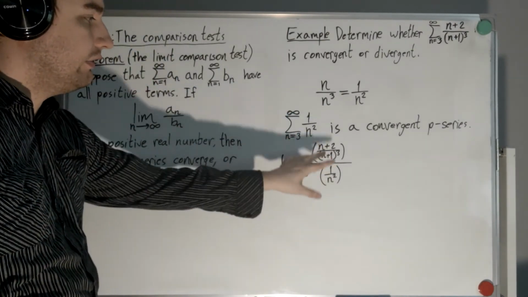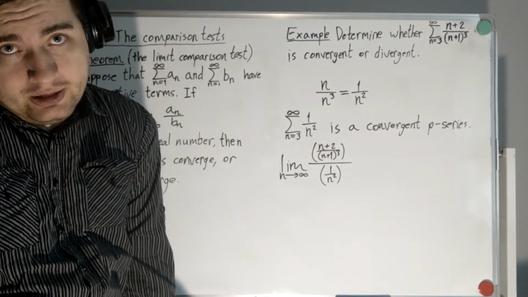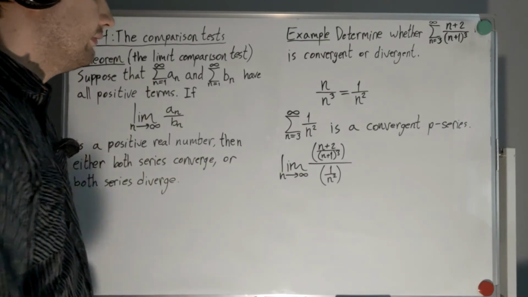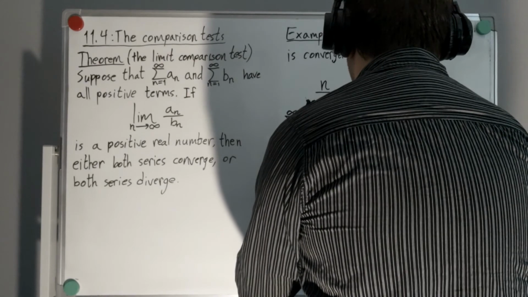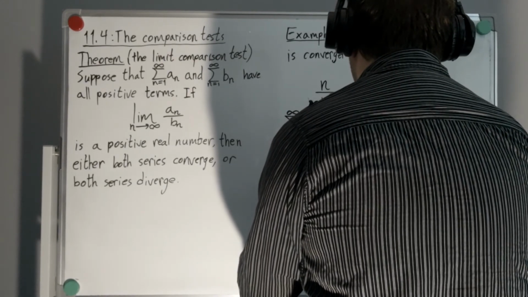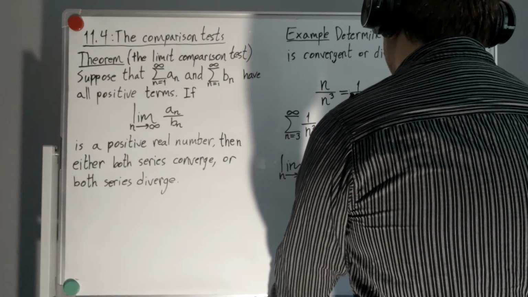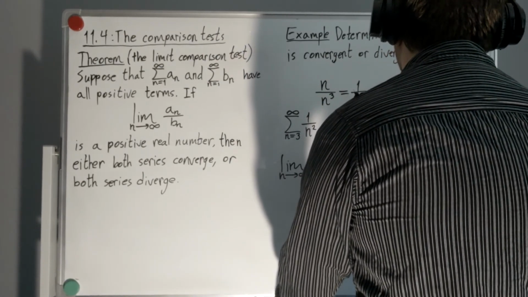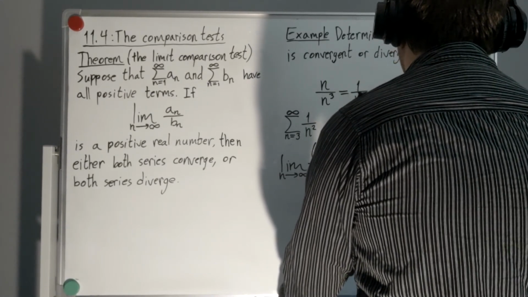So if this is positive and finite, that's convergent as well. It might not be positive and finite, in which case we just have to do something else. So this is the limit as n approaches infinity of, well, I guess this would be n plus 2 times n squared divided by n plus 1 cubed.